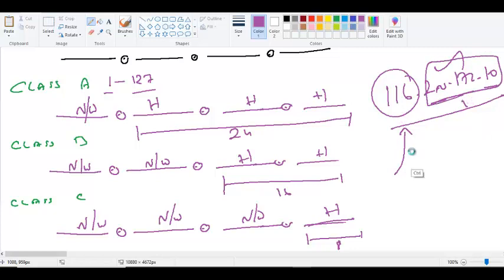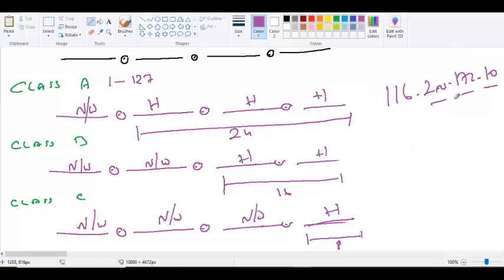So I just said that we read this address as 116th network, 200.172.10th host in that network.